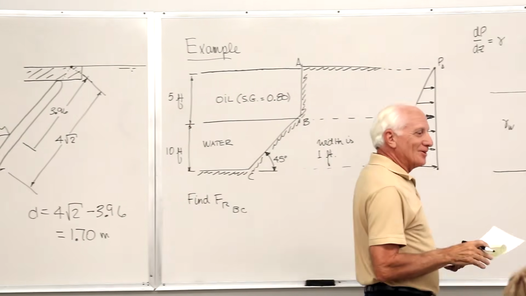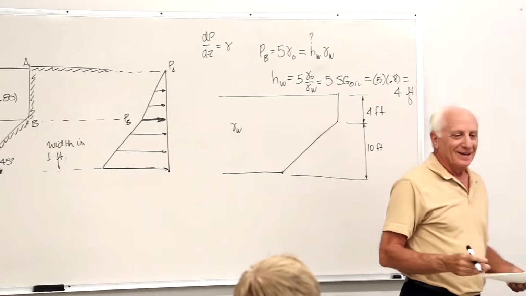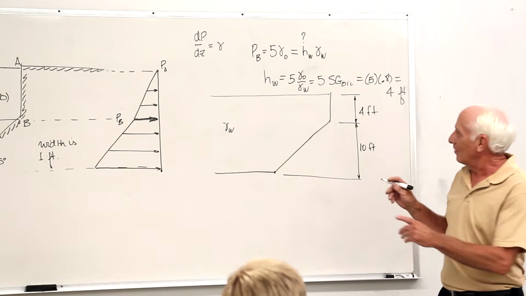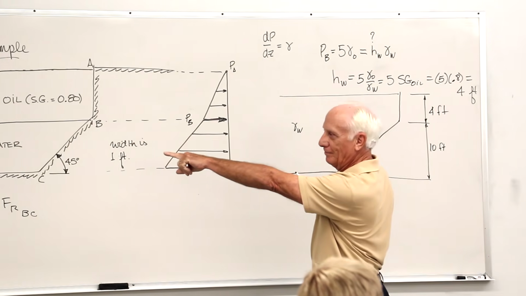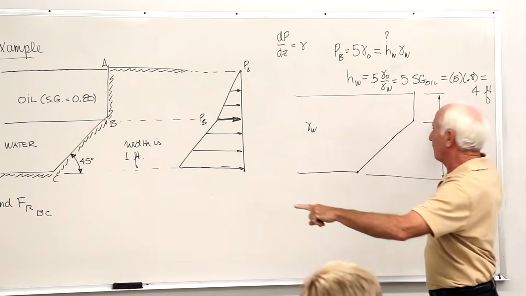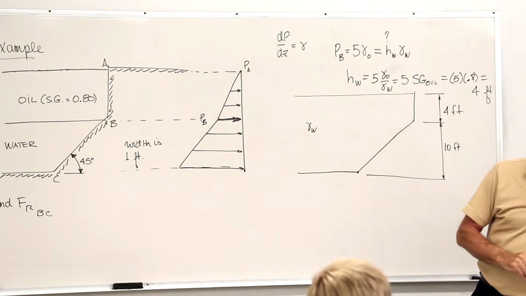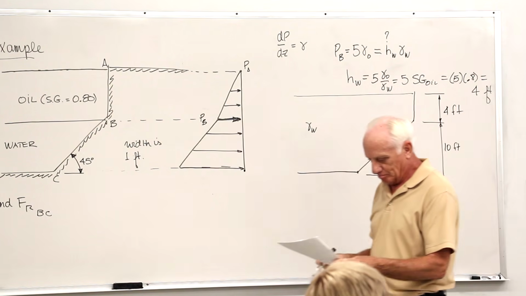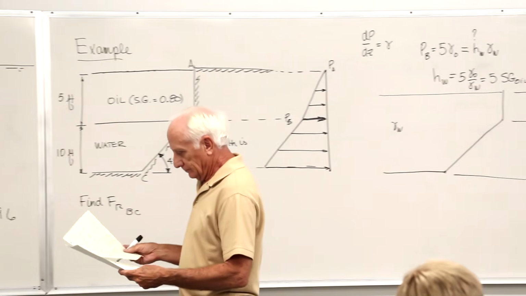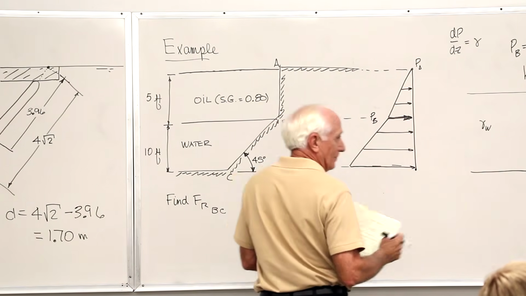Okay, once you convert all to water, now life is easy. Now it looks something like that guy over there, a submerged inclined surface, 4 feet down from the top. You would work it the same way that you worked that one over there, if you want to work it up.